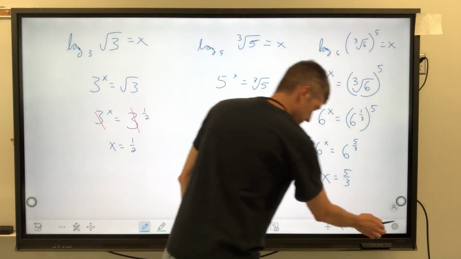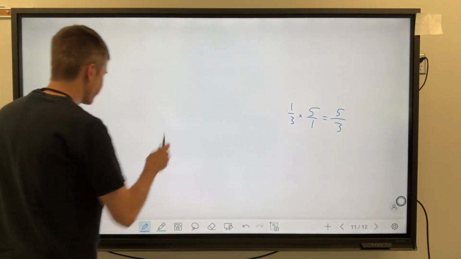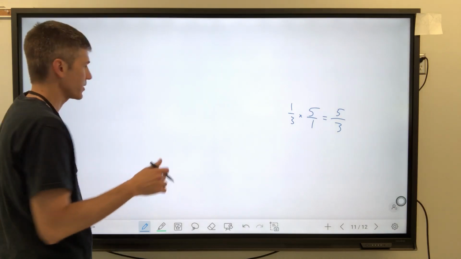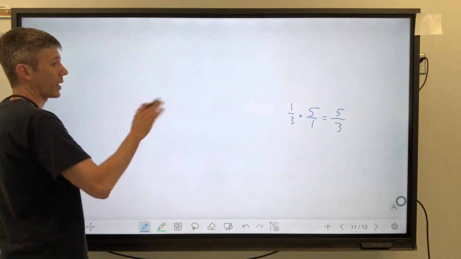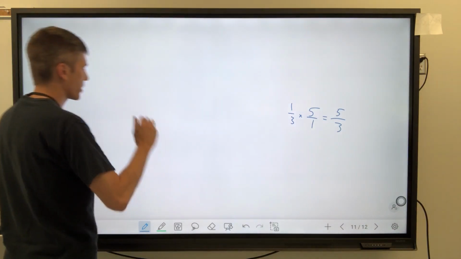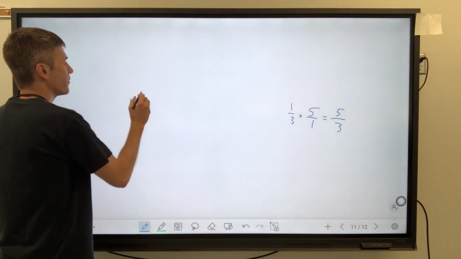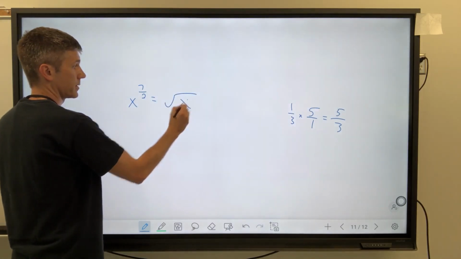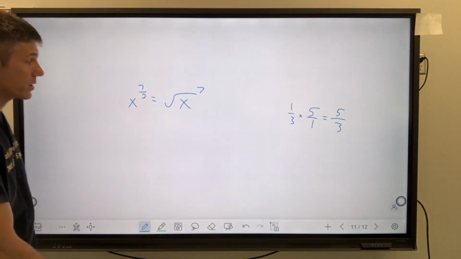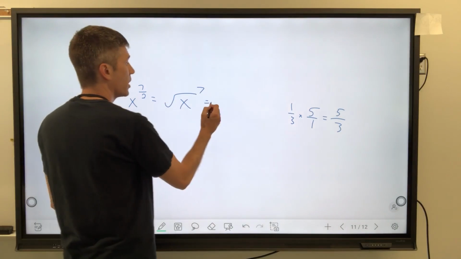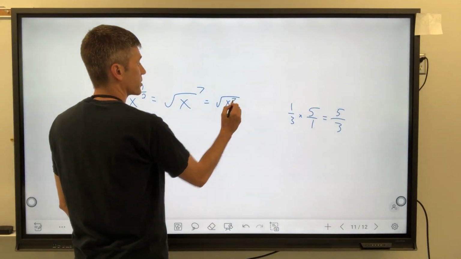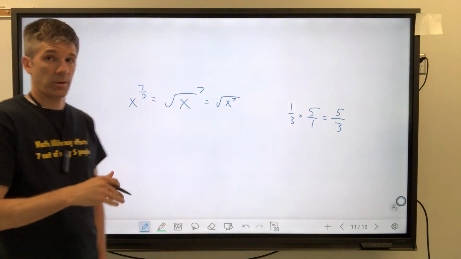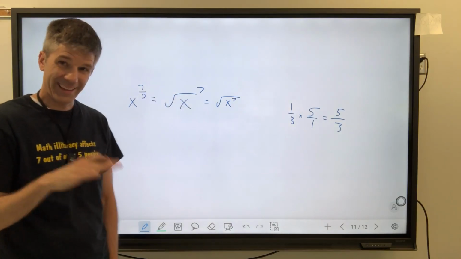So let's just, I almost said let's beat this dead horse. That sounds cruel. If I wanted to rewrite, now let's kind of divert from logarithms for a second. If I wanted to rewrite this, it'd be a square root, and I'd raise it to the 7th. Now we can make the argument that the 7 goes here. We could also make the argument that the 7 could go inside. Either one is correct. The order would not really matter in this context.